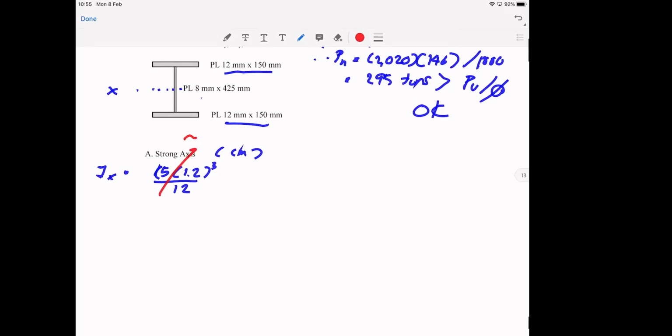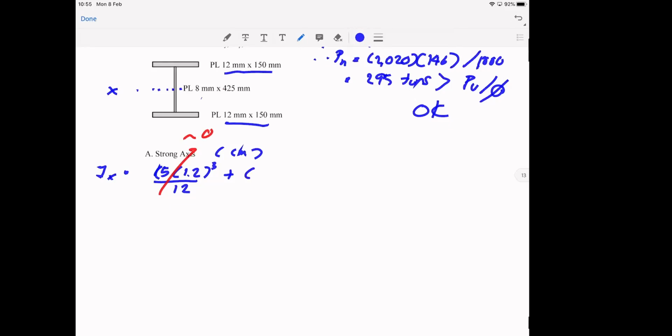Negligible. For those of you who have to be precise all the time, you will go crazy, but I don't care, okay?